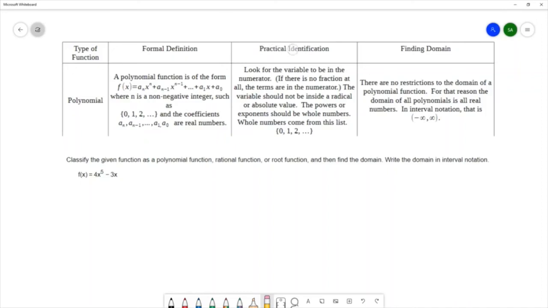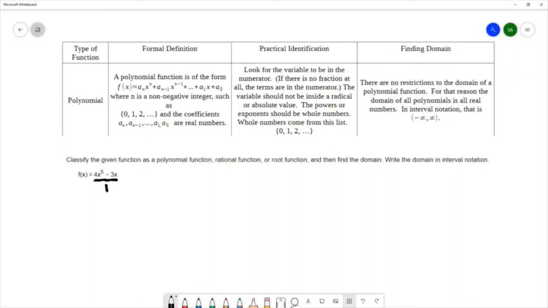For practical identification, you're looking for the variable to be in the numerator. So if there are no fractions, like our example here, we consider all of these terms to be in the numerator, even though we don't see a fraction, because we can always create a fraction by dividing by 1.